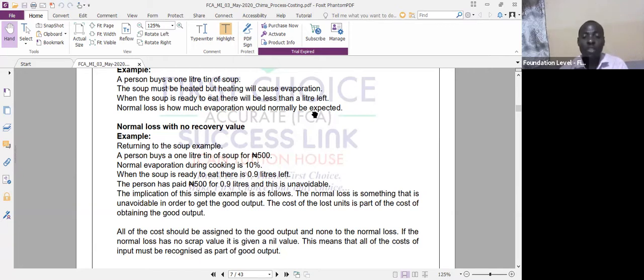And the normal loss is something that has become part of the process. In this case, because you cannot recover that evaporated soup, you cannot do anything about it. You cannot assign cost to it. So the whole good product, 0.9 liters, is left valued with the overall cost.